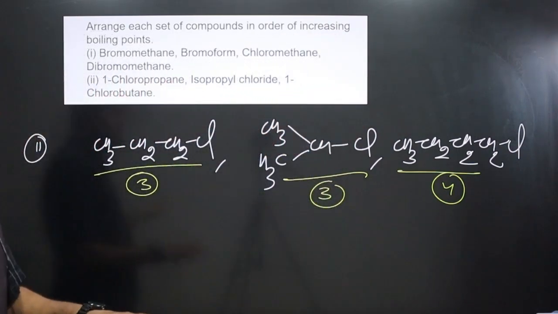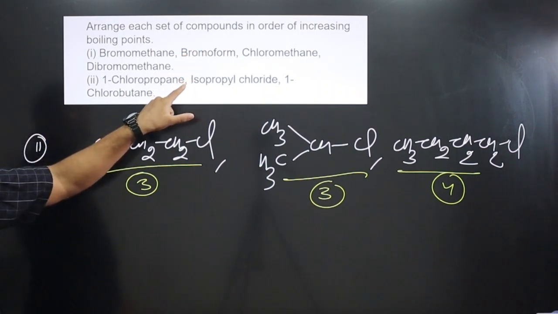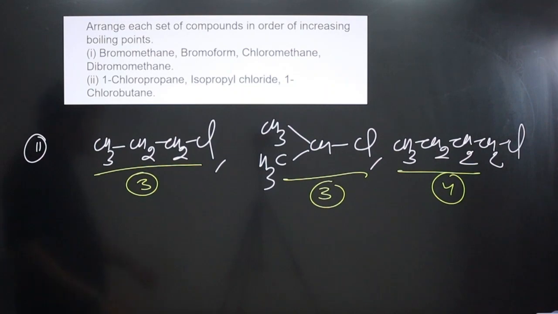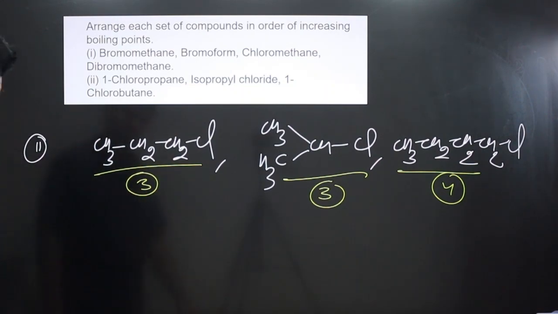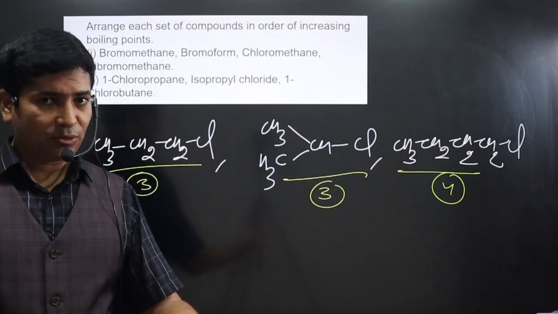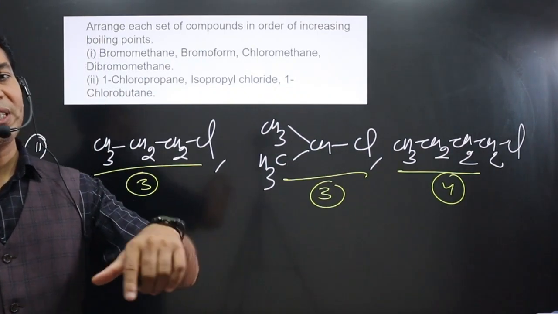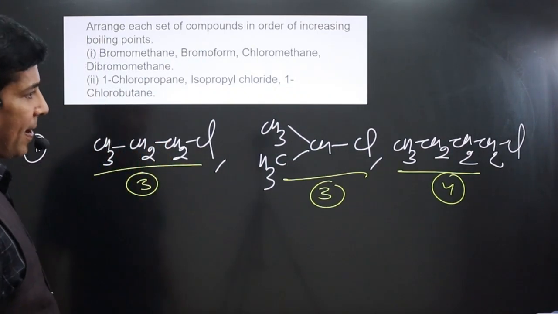In the previous case the carbon was the same and halogens were different. In this case halogens are the same but the number of carbons is different. As the number of carbons in an organic compound increases, molecular weight increases, intermolecular force of attraction increases, and boiling point also increases.